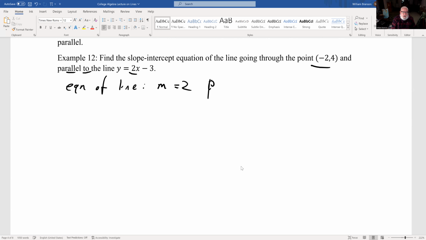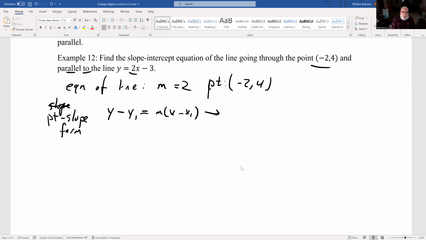And we need a point on the line, minus 2, 4. So we use the point-slope form, which is y minus y1 equals m times x minus x1, and that gives me y minus 4, because that's my y coordinate, equals 2 times x minus minus 2, so 2x plus 2.